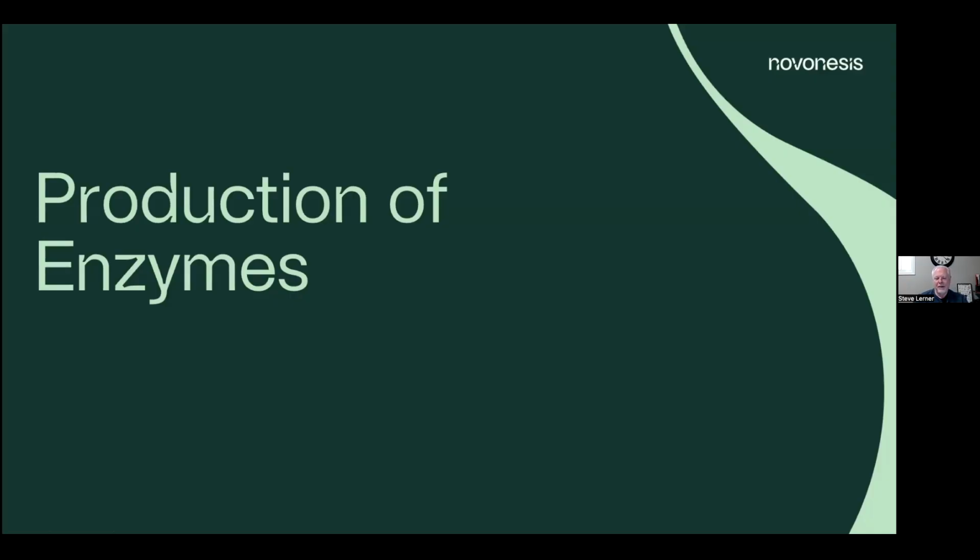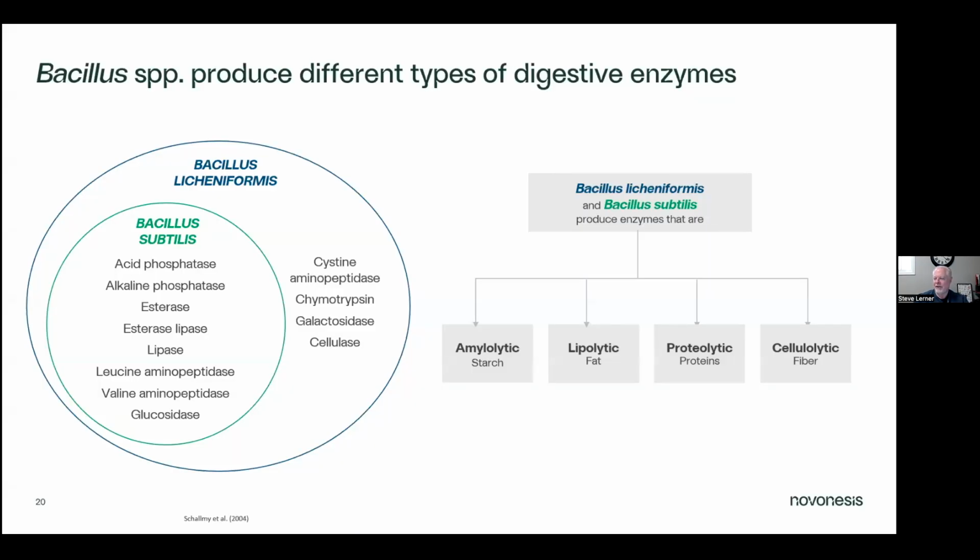Switching now, I'm going to talk about the reason we originally looked at Bovacillus to consider for including in our Bovamine Dairy to make Bovamine Dairy Plus, and that was its capacity to produce enzymes. Let me just remind you that Bacillus subtilis organisms and Bacillus licheniformis organisms are exquisitely good at producing digestive enzymes.